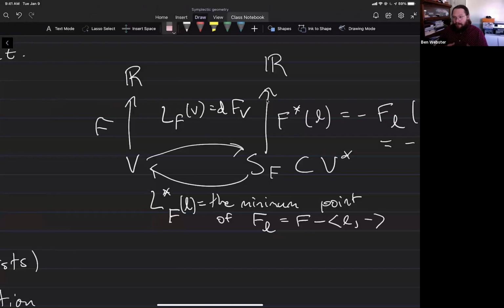So, I might change coordinates in some way that doesn't necessarily respect that inner product. And the Legendre transform will work in a natural way and be well behaved. And I don't want to be confined to this most rigid way of thinking about things.